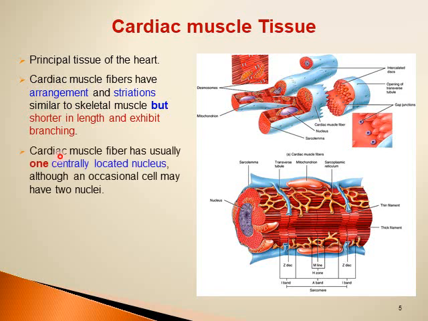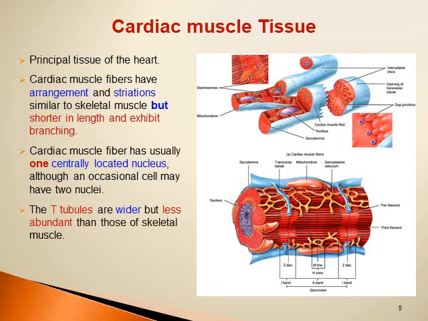The cardiac muscle fiber has usually one centrally located nucleus and on few occasions two nuclei. The skeletal muscle fiber, or the one cell of skeletal muscle fiber, contains many nuclei that are peripherally located just beneath the sarcoplasmic membrane.